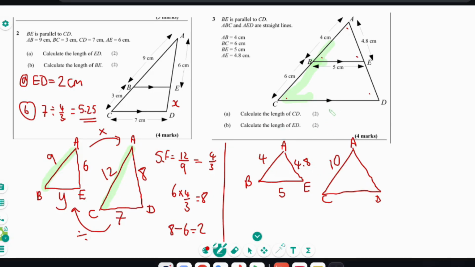CD is this one here. I'm going to put an X here. Right, we need a scale factor, so I'm going to use 4 and 10 to get my scale factor. So 10 divided by 4, 2.5.